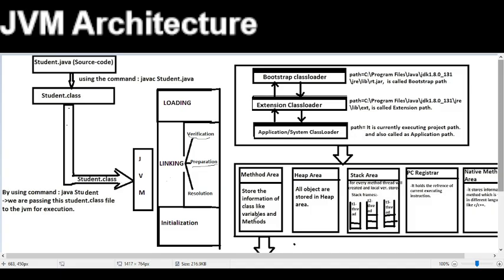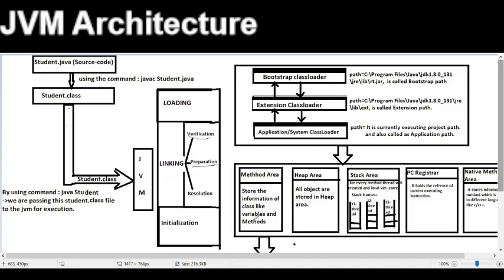Inside the stack area, local variables will be stored, and also for every method, one separate thread will be created. And after completion of that method, the thread will be destroyed.